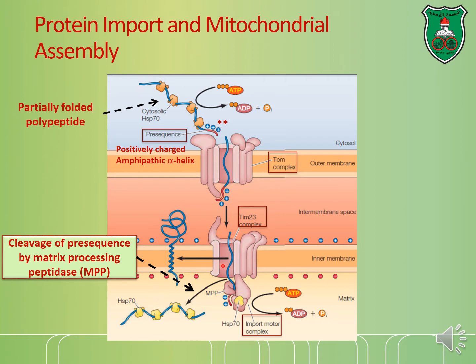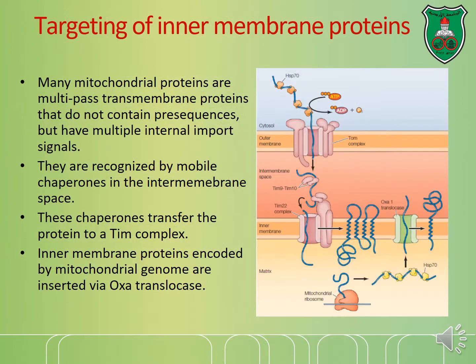If a protein contains a transmembrane domain, then the TIM complex also inserts the protein into the membrane. So there is a pre-sequence. How are proteins targeted into the inner membrane space, because not all of them have a pre-sequence?